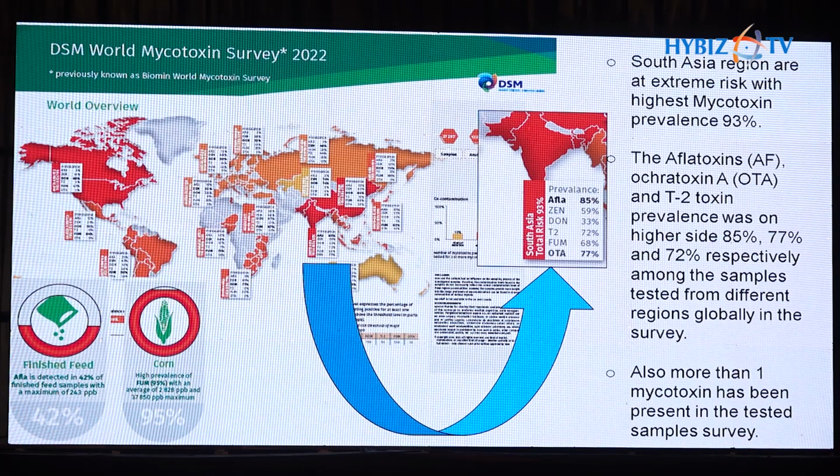They have also shown that aflatoxin was detected in 42% of finished feed with a maximum level of 243 ppb, and 95% of corn samples were contaminated with fumonisin with an average of 2828 ppb.